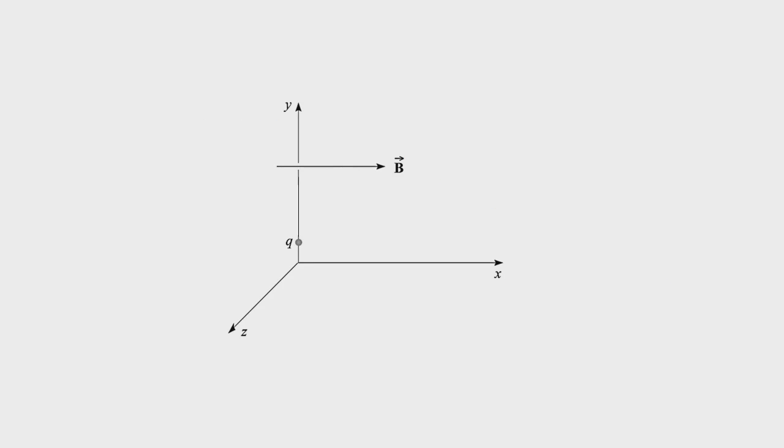Therefore, to illustrate the direction of the force, since the force is perpendicular to the magnetic field lines and perpendicular to the direction of the velocity of the charge, the force, therefore, is along the z direction.